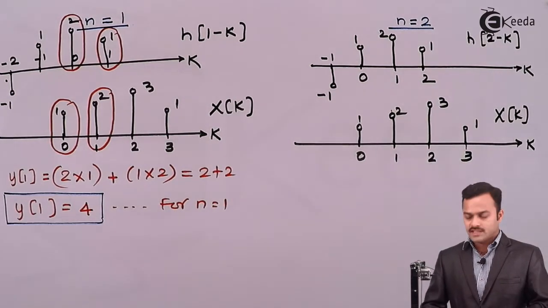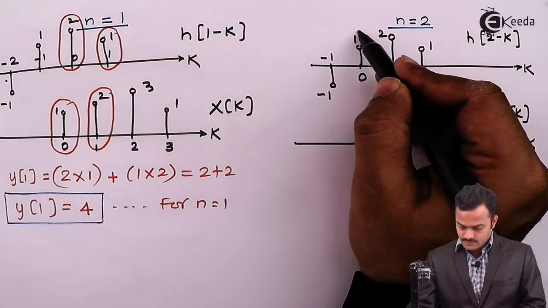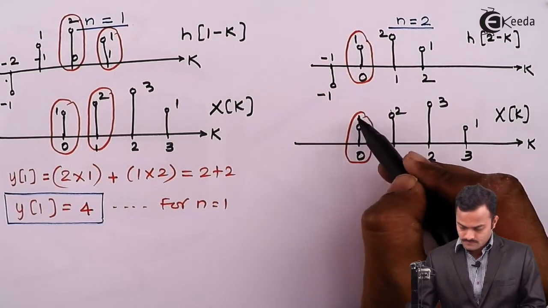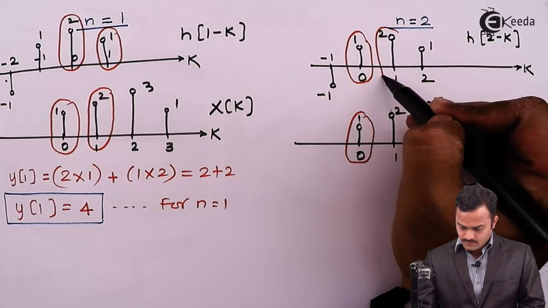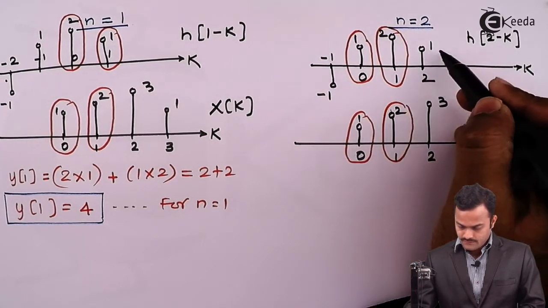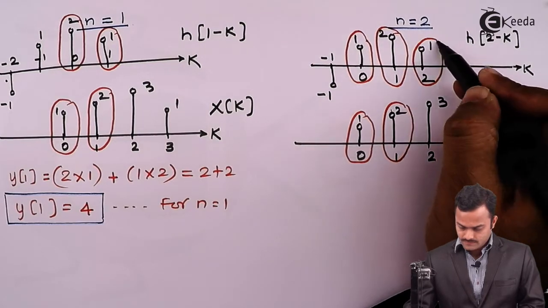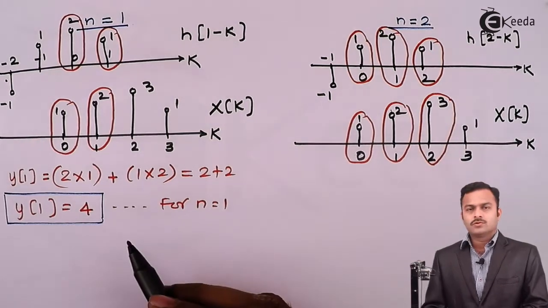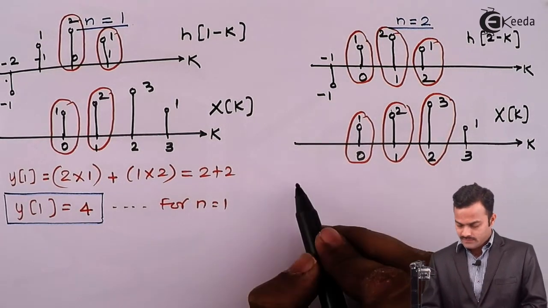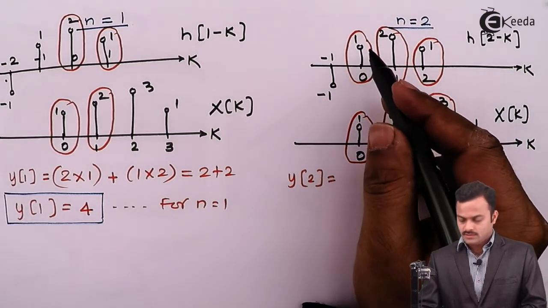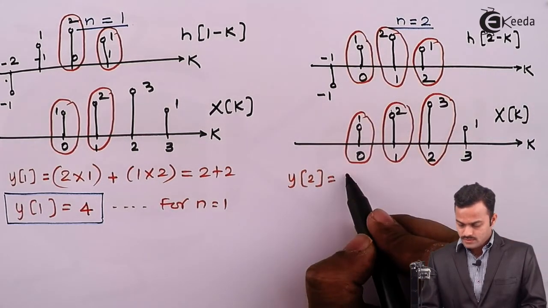So here we need to check how many samples are common. This is a common sample. Then we have this also. And finally this sample. So if I use the convolution sum formula, I will get y of 2 as this value is 1, this value is 1.